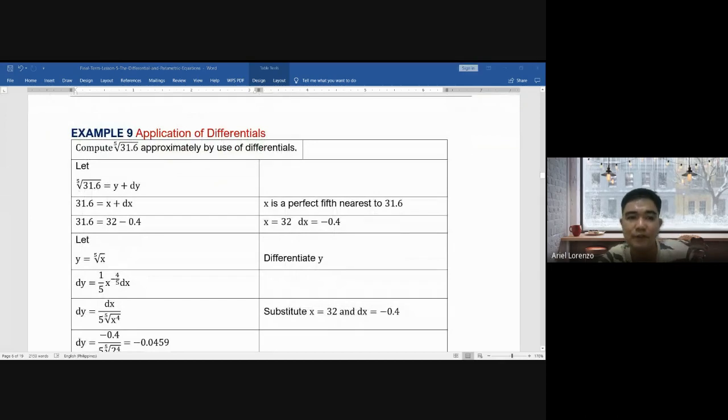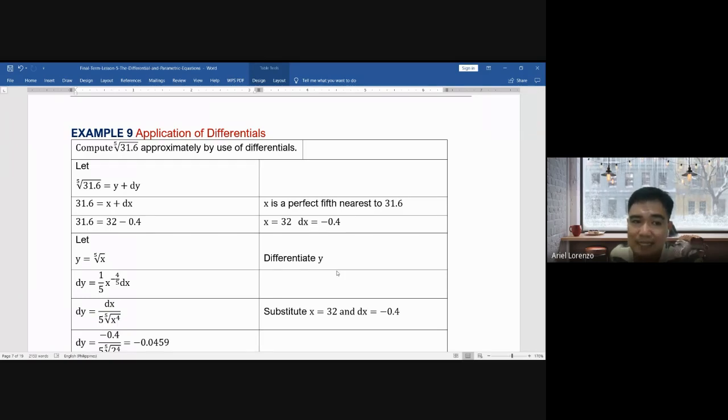Ito, fifth root, class. This is the fifth root of the square root of 31.6. Okay, we compute daw, class, by using differentials. So, yung kanina, class, is square root. Okay, ito is fifth root. Una, yung buong buo, class, gawin mong y plus dy, the differential of y. And then yung nasa loob, that is your x plus dx.